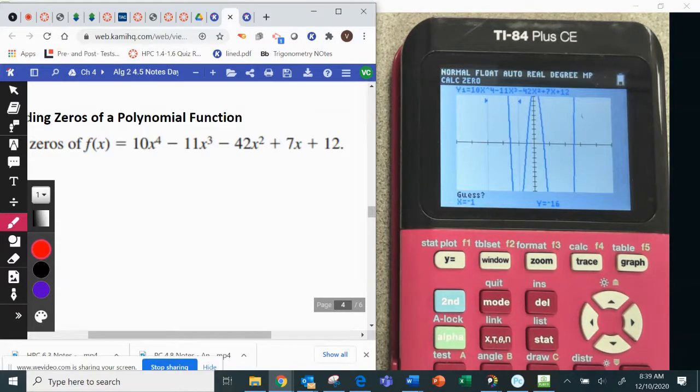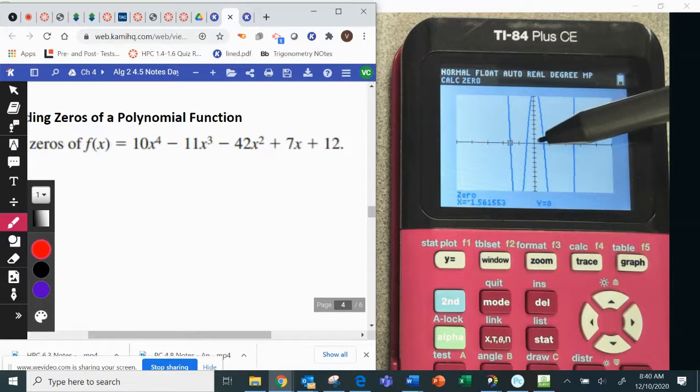And then guess, I don't even have to guess that accurate. I know it's not at -2, but I can guess at -2 and it will be fine. So now it's telling me something that looks terrible. Yuck. I'm going to skip that one for right now. Okay? I see it. It's ugly. I don't want to deal with it. So I'm going to find a different one. I'm going to go to the next one over.